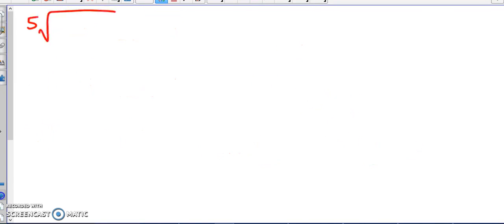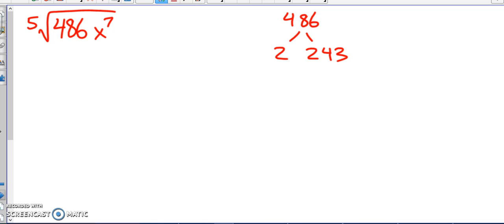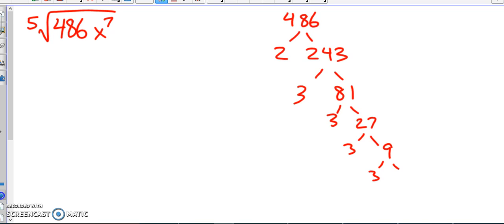The 5th root of 486, x to the 7th. 243 isn't divisible by 2, but it is divisible by 3. Since it's a 5th root, I want a set of 5.